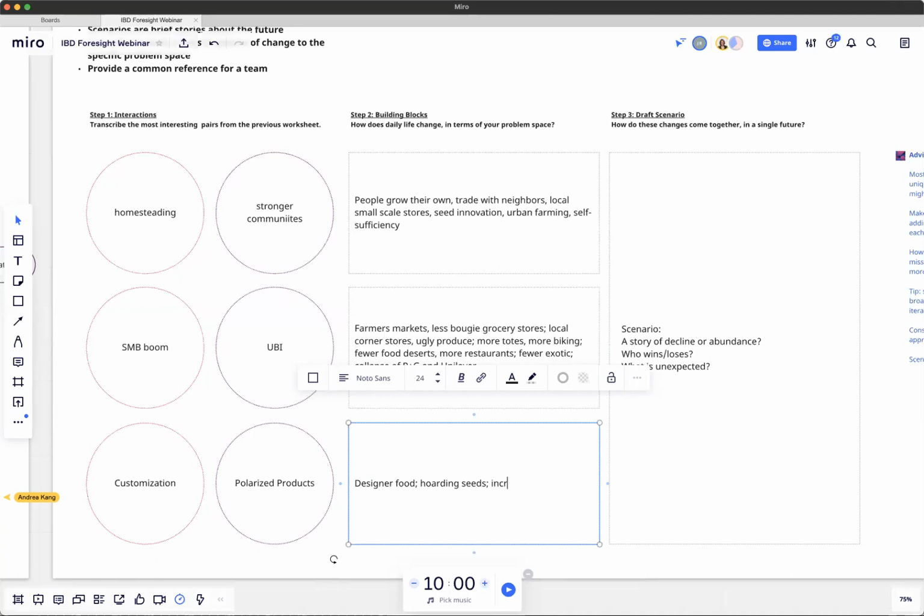See, increased fad diets, diet hacking keeps coming up. Food becoming a social marker. Yeah, I think that's super important to note here. Black market for produce.